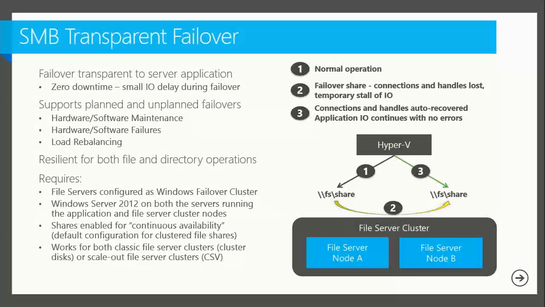And there's some tricky things too. Let's say you're renaming a file, or you're creating a folder. What happens if right in the middle of a rename, something fails? It could be that it failed before the request ever hit the server. It could be that it failed after it hit the server, the file was already renamed, but you just didn't get your response back. So just replaying the operation doesn't work.